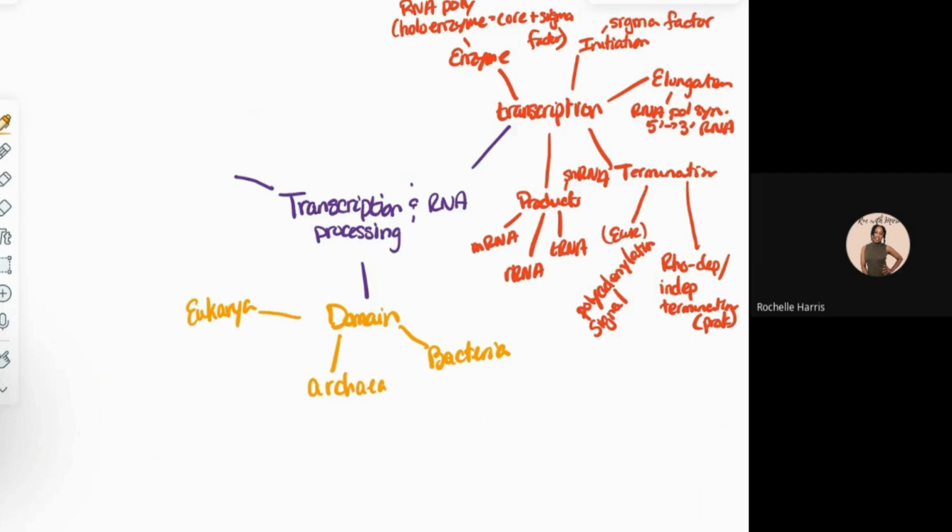With bacteria, 2 branches from there, we have the single RNA polymerase and polycistronic messenger RNA.